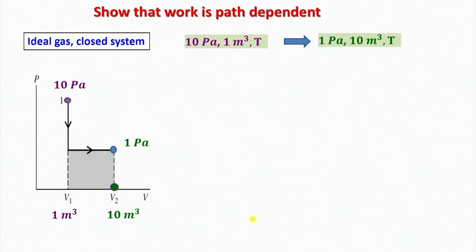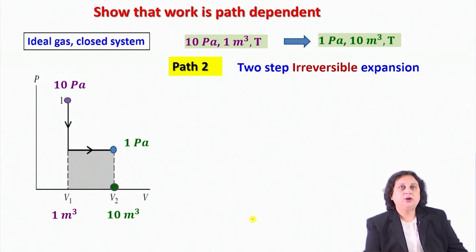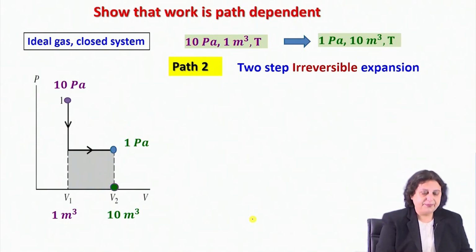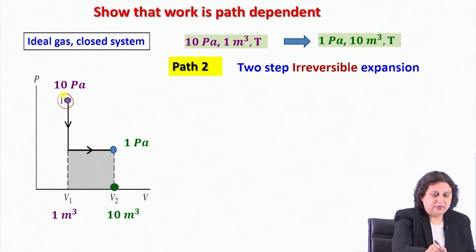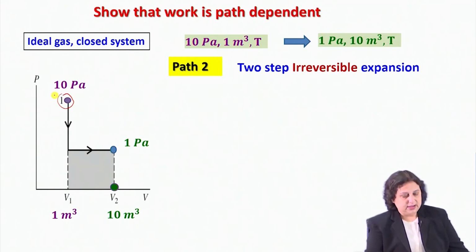Now let me think about the same pair of initial and final equilibrium states, but now I take another path to go from the initial state to the final state. And now I have devised a two-step process, shown as follows. I start from this initial state where the pressure of the gas is 10 Pascal and the volume is 1 meter cube.